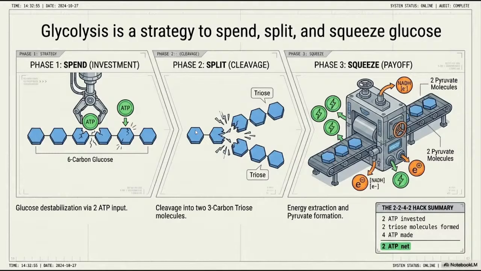So that is the level of split or cleavage, where the 6 carbon compound called glucose is broken down into 3 carbon triose molecules. The next phase is the squeeze. At this level, this machine is going to squeeze the 3 carbon compound, which is triose.